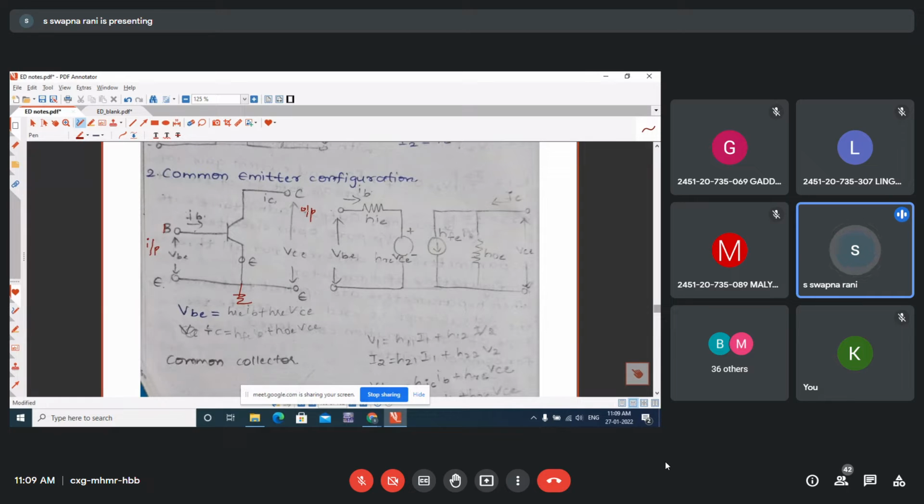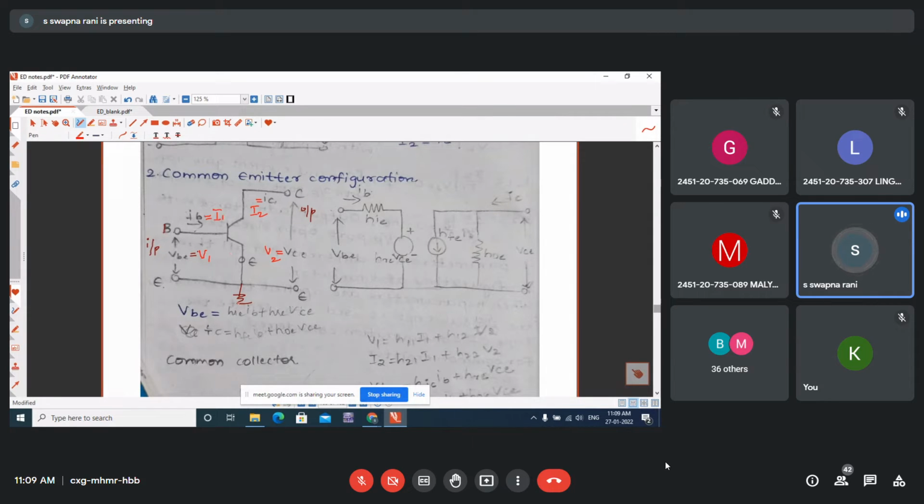We have practiced many times while discussing the input and output characteristics, right? The potential difference between base and emitter is VBE. Now this will become the input voltage V1, and base current will become the input current I1, and VCE will become the output voltage V2, and IC will become the output current I2.